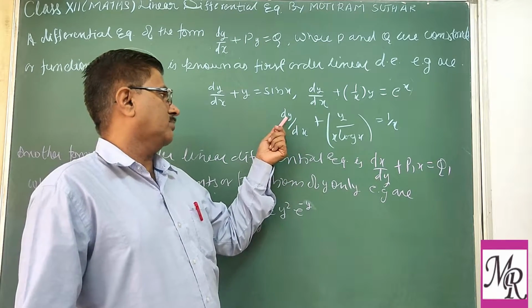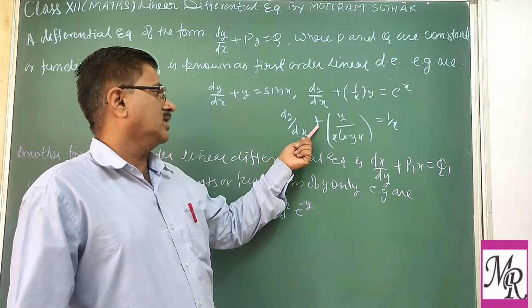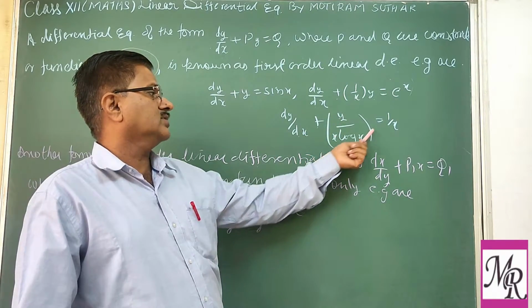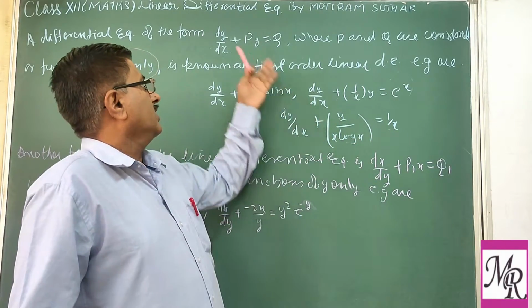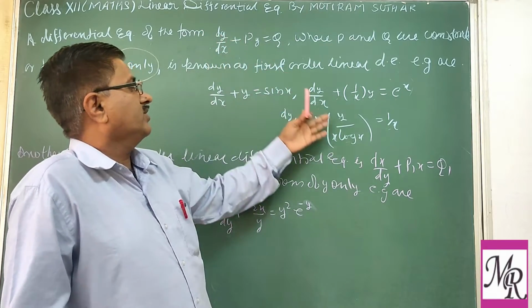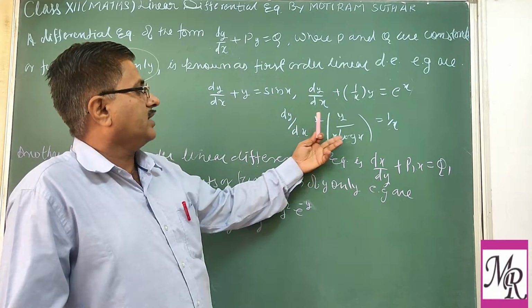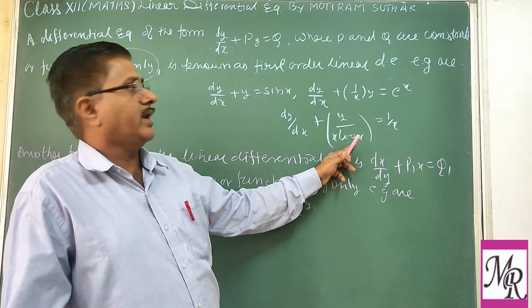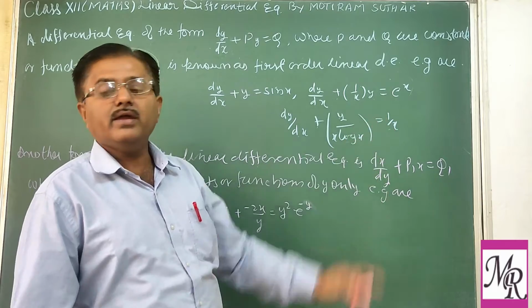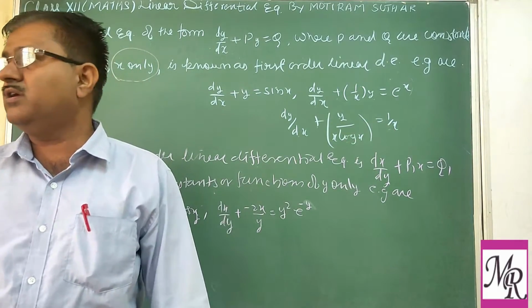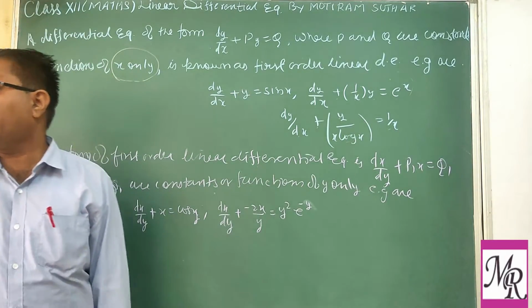Similarly, we see one more example, dy by dx plus y upon x log x equal to 1 by x. If you again compare, this is also a linear differential equation. Why? Because P is here 1 upon x log x, that is a function in x, and Q equal to 1 by x, that is another function in x.